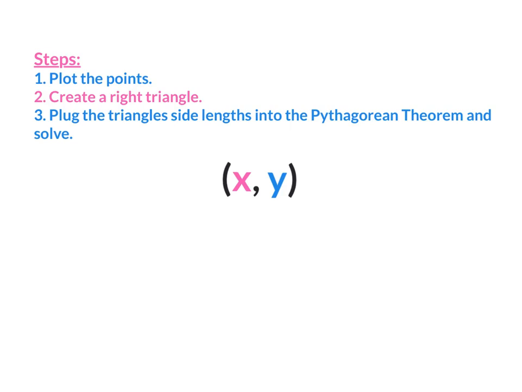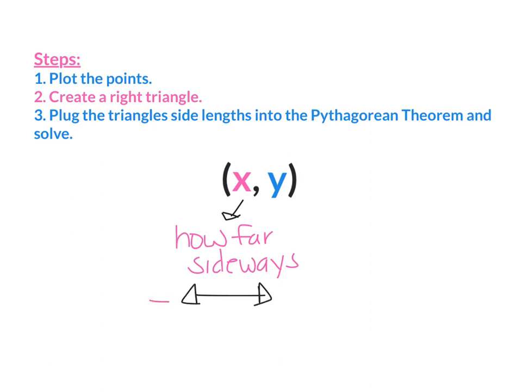So remember, the x is telling us how far sideways. When we go to the left, that means it's going to be negative. When we go to the right, that's going to be positive.